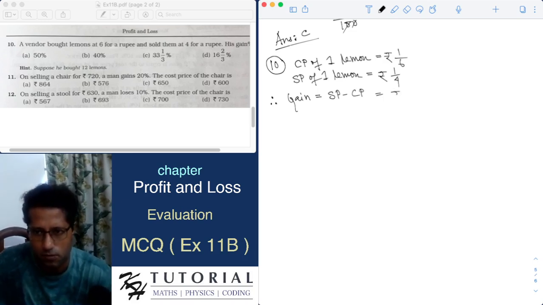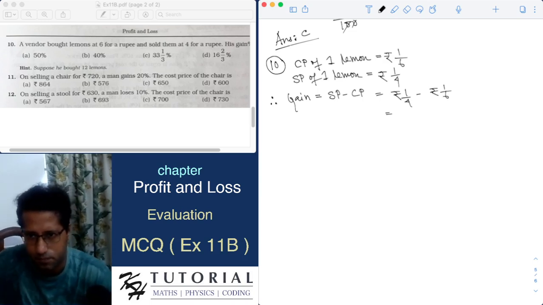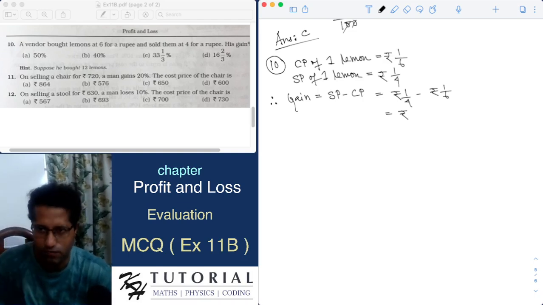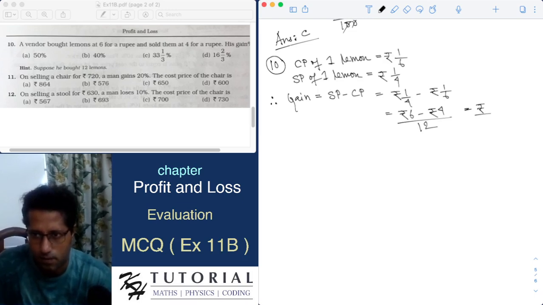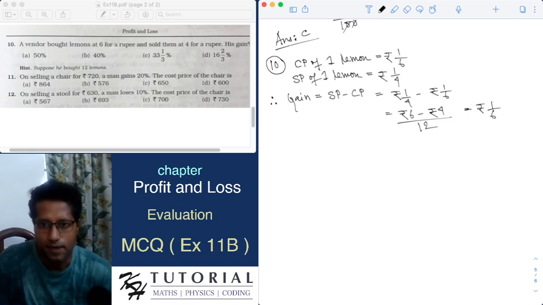So this is rupees 1 by 4 minus rupees 1 by 6. 12 is the LCM. So this is 6 minus 4 divided by 12, so rupees 1 by 6. This is the gain.